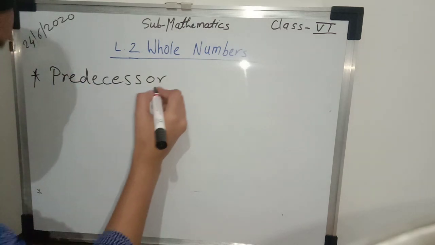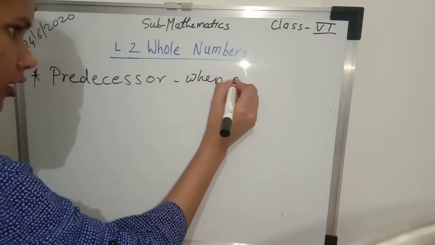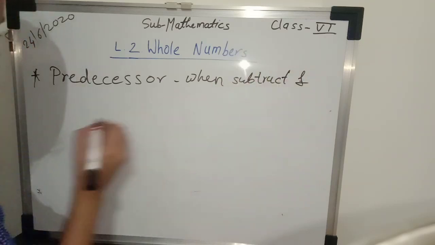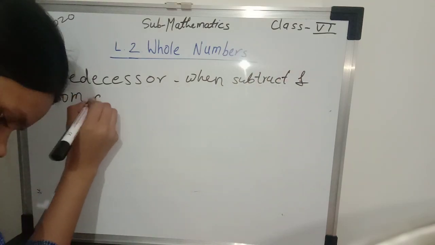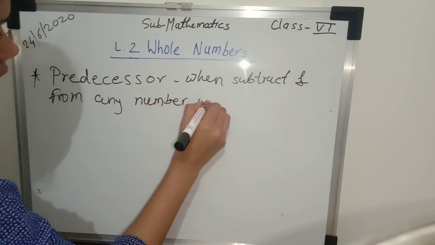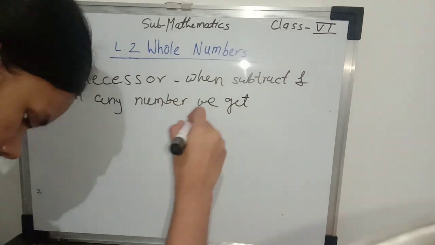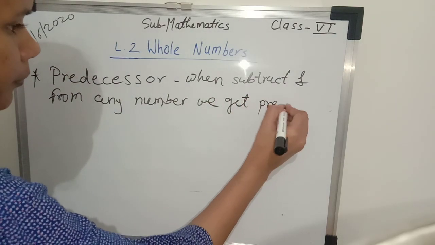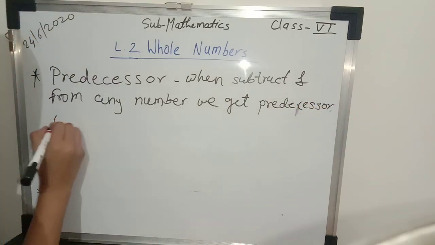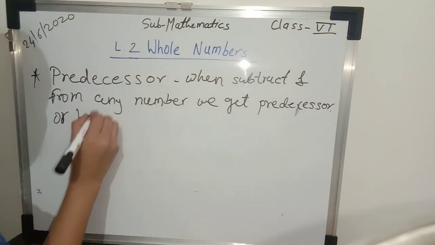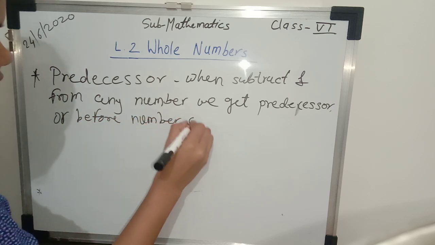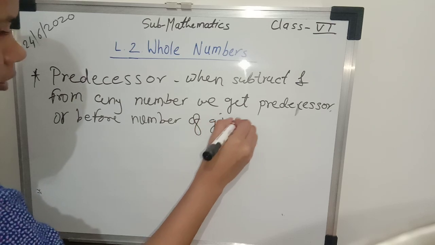When we subtract or minus 1 from any number, we get the predecessor or before number of the given number.